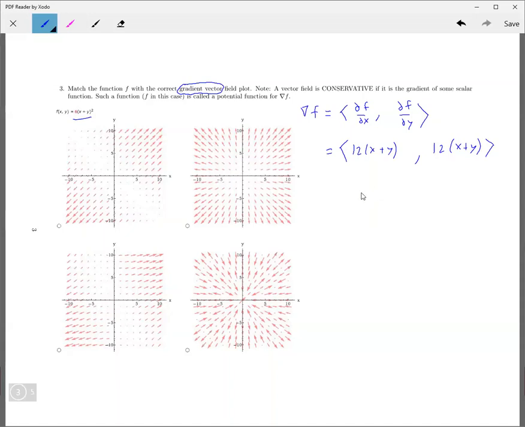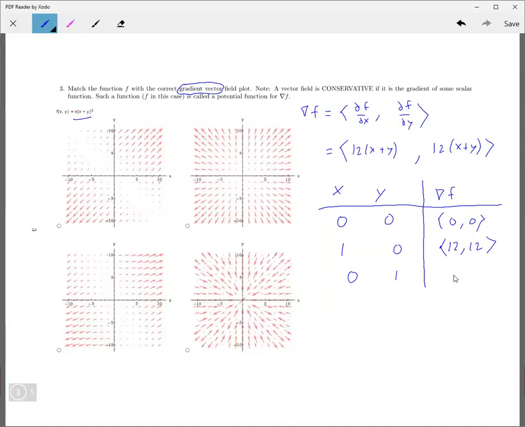Okay, so now time to get a few values right here. And then over here, this is going to be the gradient. Okay, so if we go 0, 0, then that's going to be 0, 0. If we go 1, 0, so you put a 1 in for x and a 0 in for y, that's going to be 12, 12.